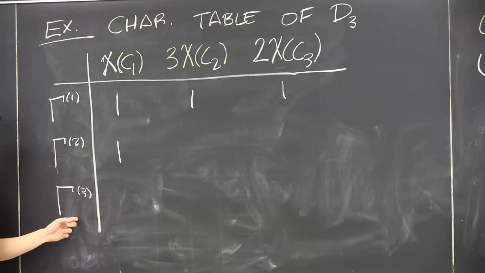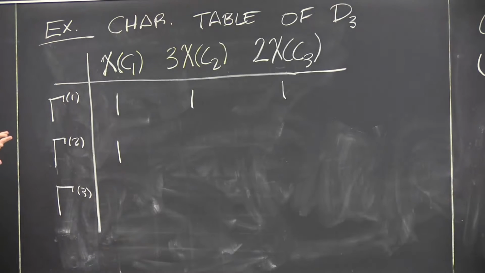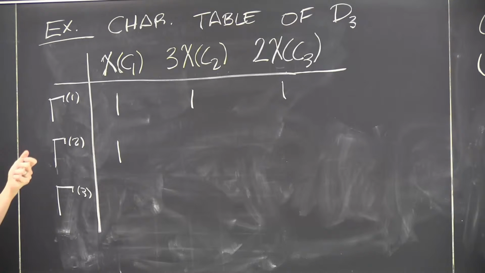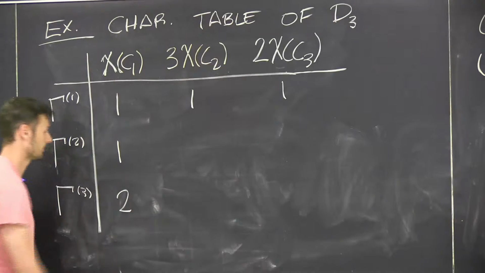And then the third representation is the 2-dimensional one that I write as a matrix that has a rotation and also a transposition in it, right? So I could write the rotations in matrix form, but I could also write the transpositions in matrix form. And then using those 2, I could take products to generate the rest of the group. But anyways, that's a 2-dimensional representation, so I get a 2 here.